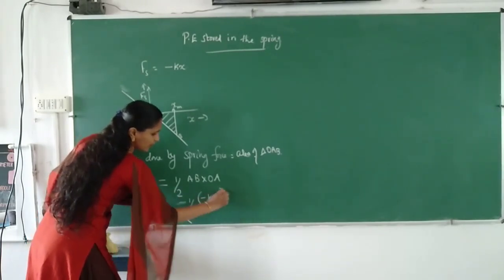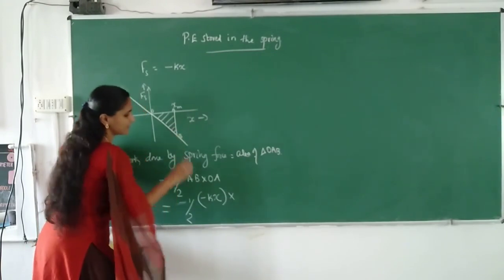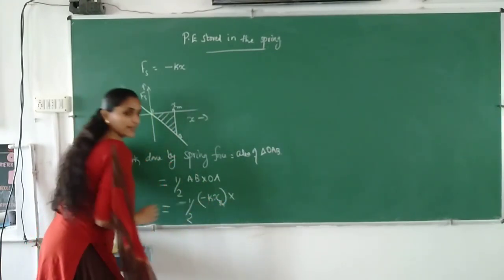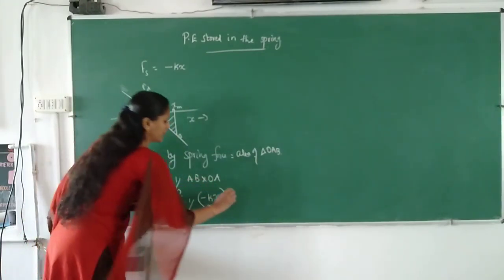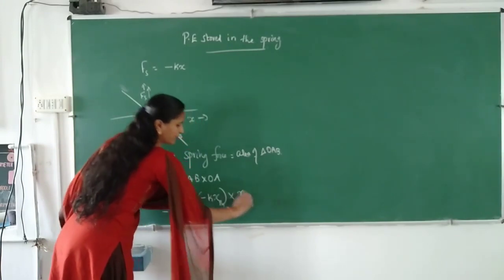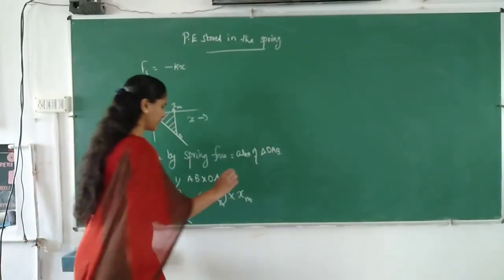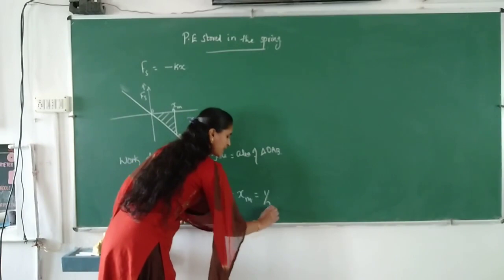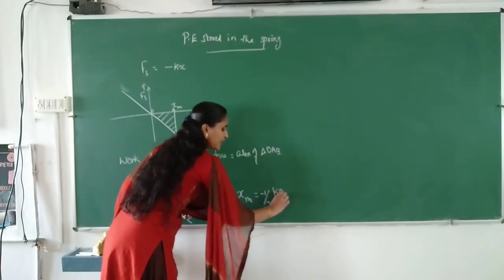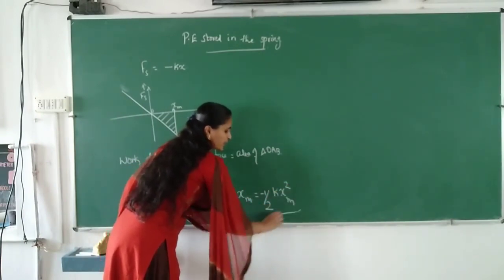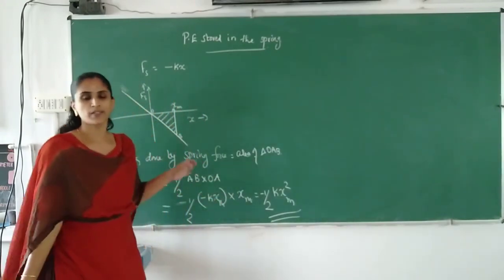Half into minus kx. Here, instead of x we can write xm, the maximum displacement, or we will get it as minus half kxm square. This is the work done by spring force.